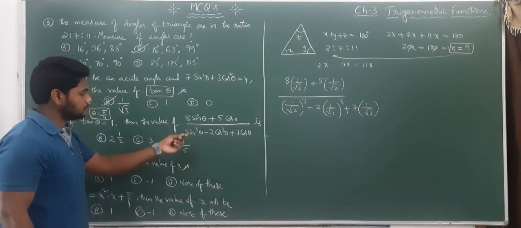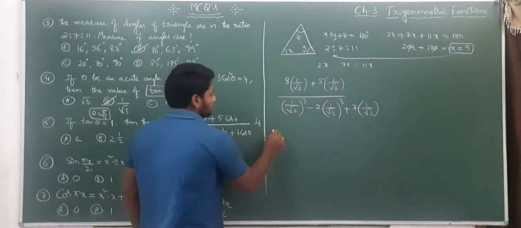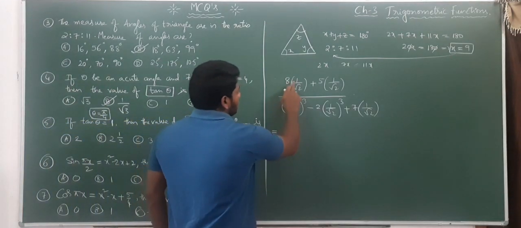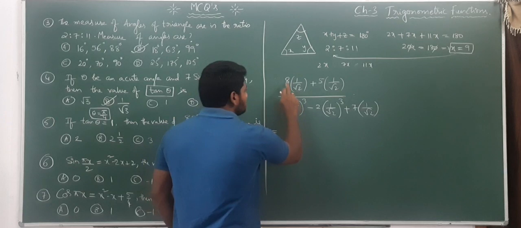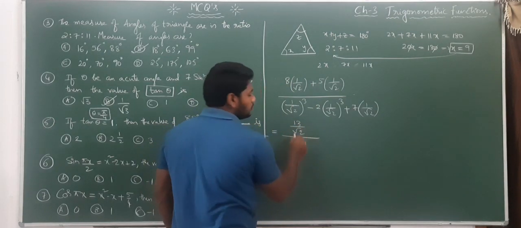This is after I substituted the θ value 45 degrees. Now from this, 8 by root 2 plus 5 by root 2 will be 8 plus 5, 13 by root 2.